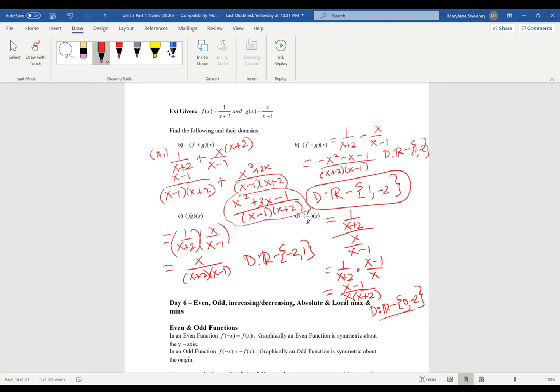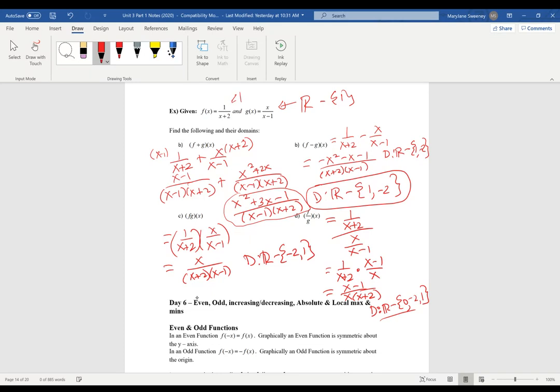Oh, or what's inherited from the original problem, we also need to exclude 1. Now, 1 is not excluded because of the final answer. 1 is excluded because of the original problem. This was all reals except for 1.